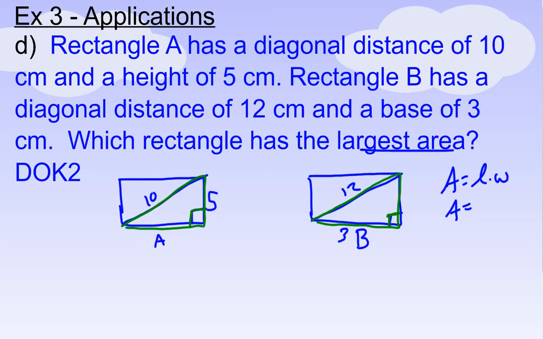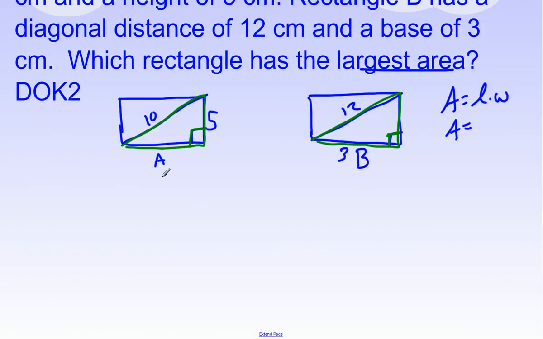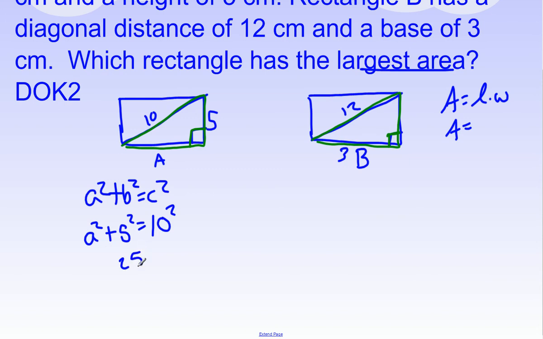So let's start with rectangle A. A squared plus B squared equals C squared. The hypotenuse is 10. The leg I know is 5. The leg I don't know, I'll leave as A. So 25 plus A squared equals 100.